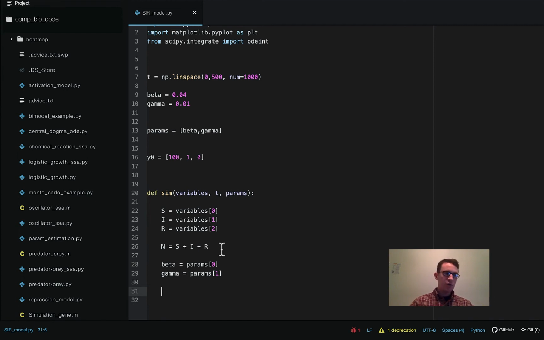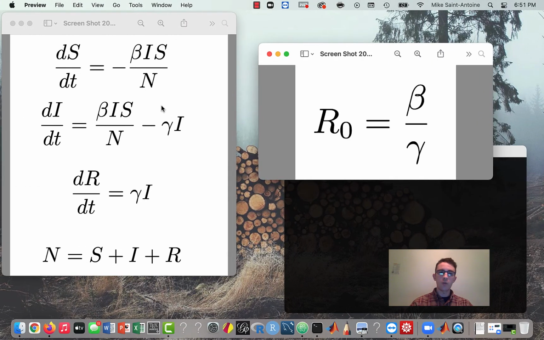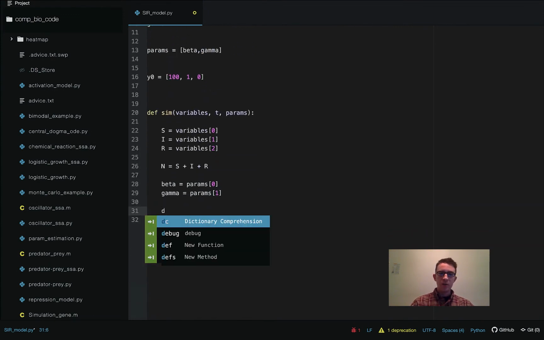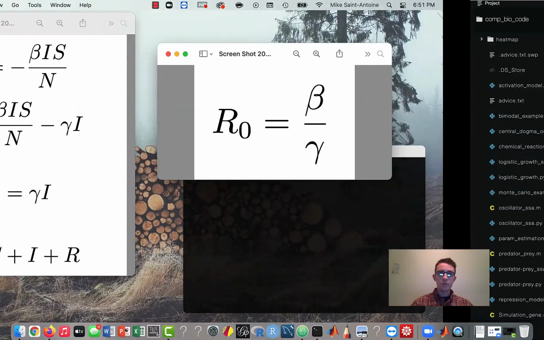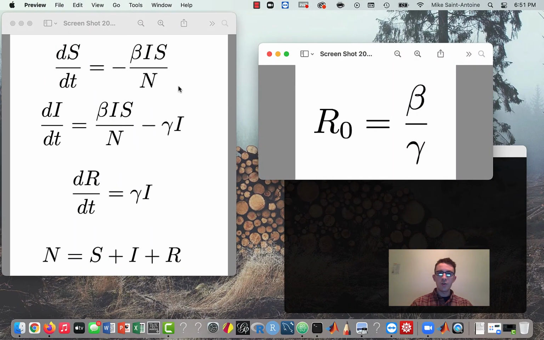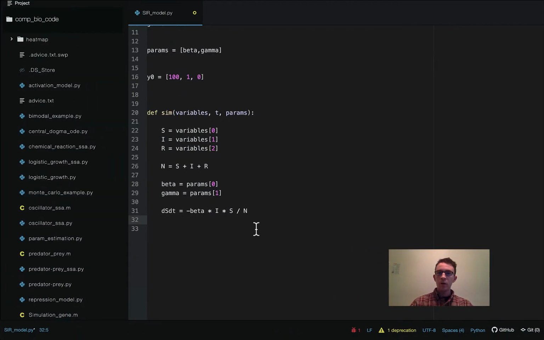And the next thing to do is just write out our ODEs exactly as they are here. We just want to write them down so that we can return them into the solver. So we're going to say ds dt equals negative beta times I times S, and then all of that over N. Okay, sorry.